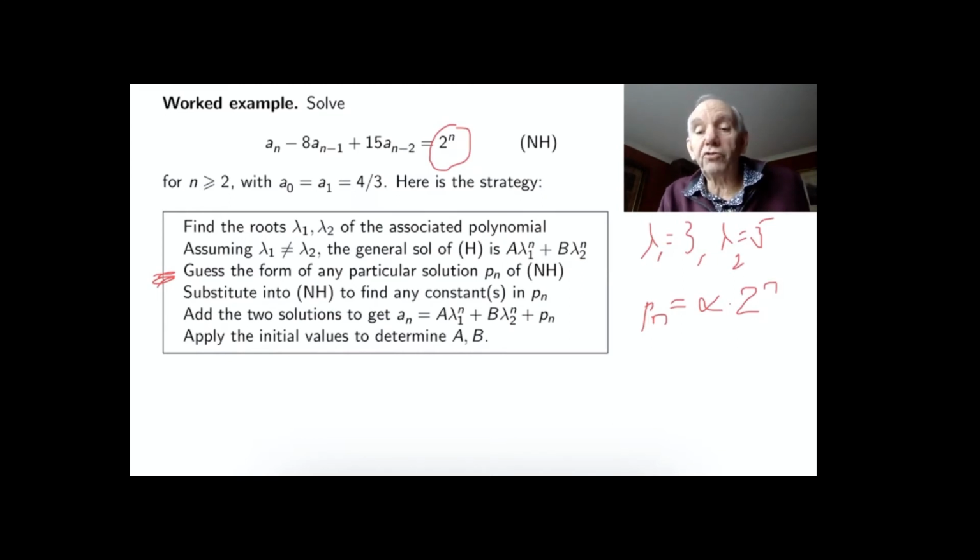It would have been more tricky had 2 been a root. In that case, we'd have had to multiply our guess here by n, as we did actually in the previous video. Anyway, in a moment, we're going to find that constant alpha.